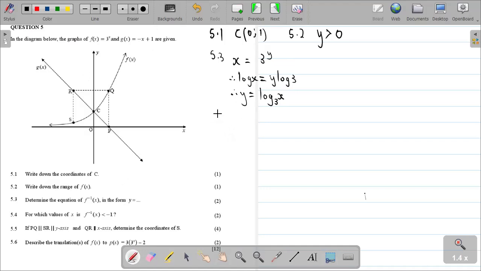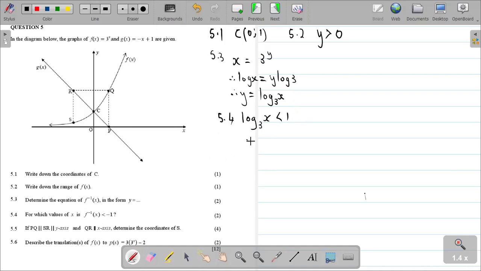Then 5.4, for which values of x is f inverse of x less than 1? The inverse we found here. So we're going to say log x base 3 is less than 1.